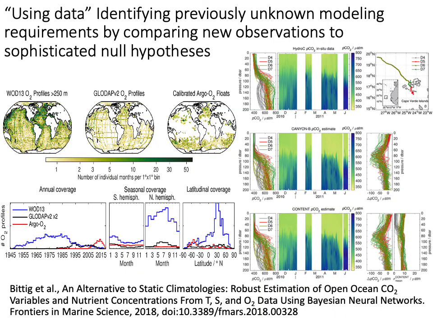Another application of data for models is to compare the resolved variability in observations from efforts like CANYON-B that use more sophisticated water mass characterizations, and identify those cases of observations that deviate from these null hypotheses, where you find something new that might be relevant for future modeling constraints.